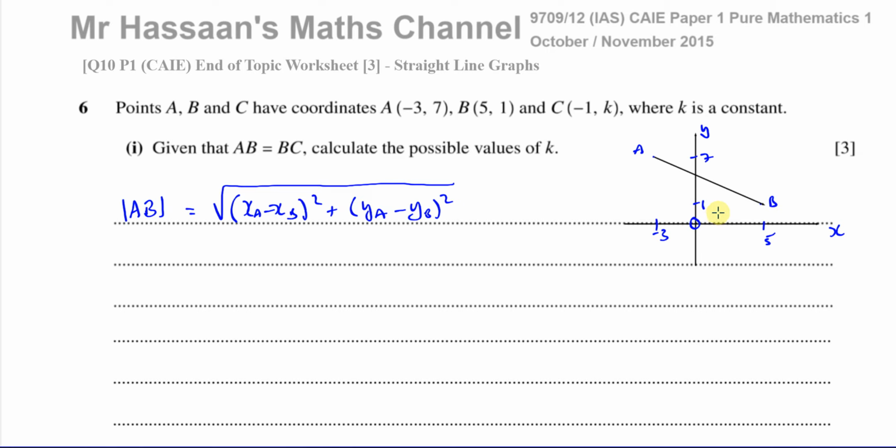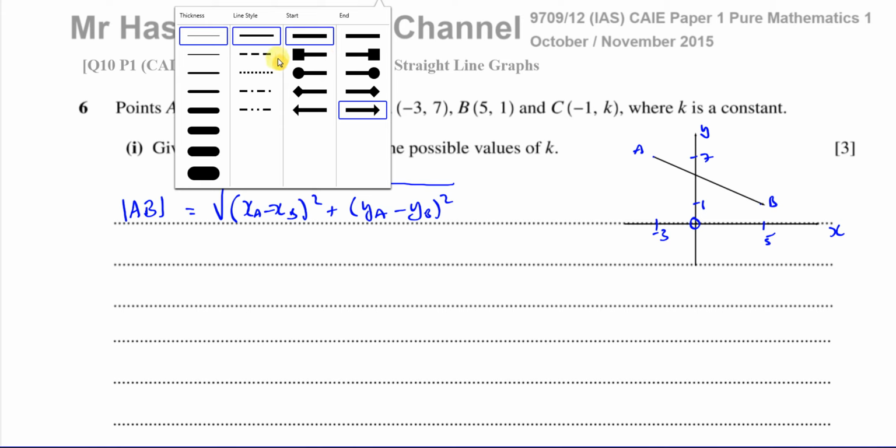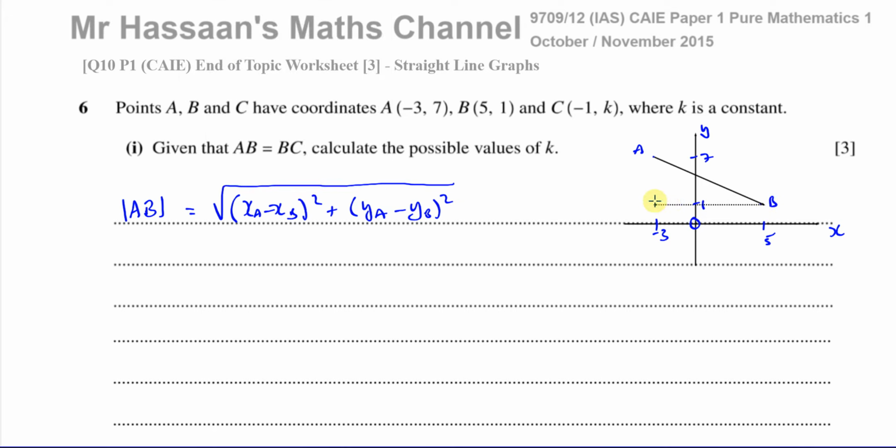Now, in order to find that length, we're going to apply this formula, just to show you that this formula is basically an application of Pythagoras' theorem. If I find the difference between the x coordinates of A and B, that's going to be this here, and the difference between the y coordinates of A and B, that's that distance there.